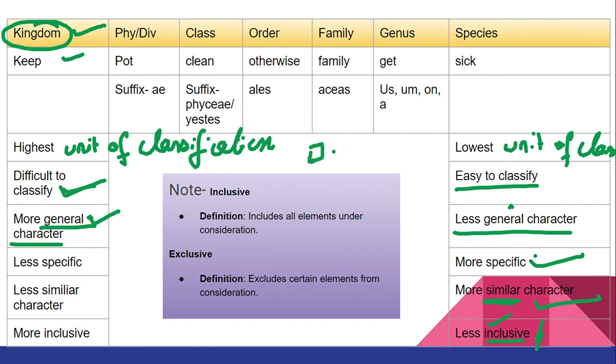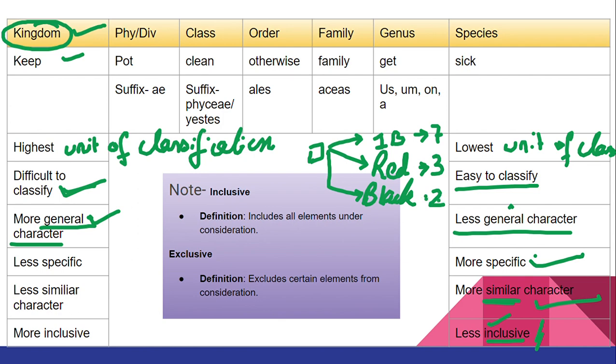A simple example: I give you a book and tell you to go down and give it to one boy. You will go down and say, instead of one boy there are 7 boys, because I gave you a general character. Now I say, give it to the boy who wore a red shirt. You go down and say, ma'am, 3 wore red shirts. Then I say, the boy who wore black pants.